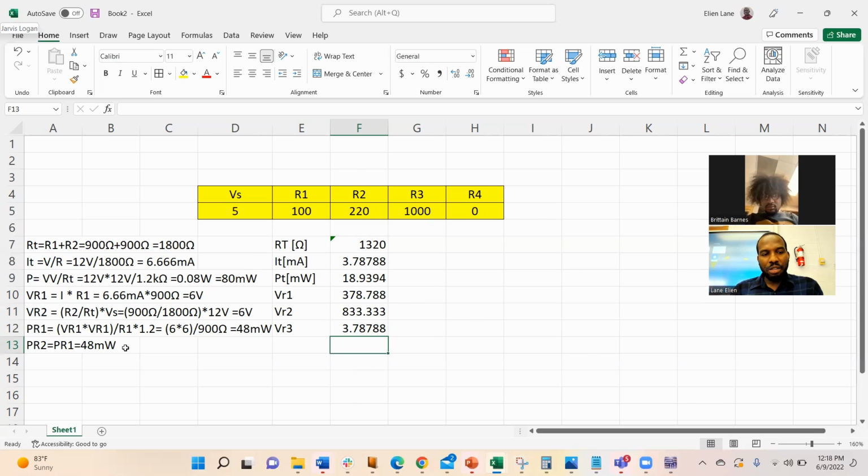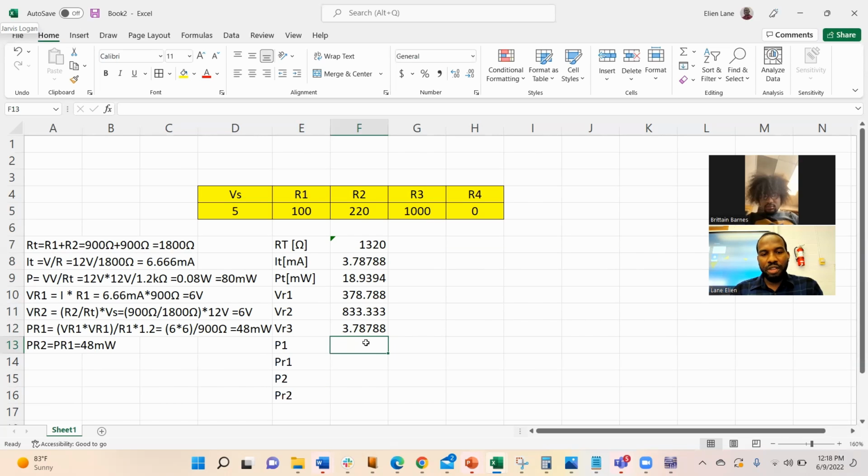What's the next thing you're asked to find? The power rating for 1 and 2. So we can actually find the power, and then we can find the power rating afterwards. So power 1, PR1, power 2, PR2. Again, what is the power for the resistor?